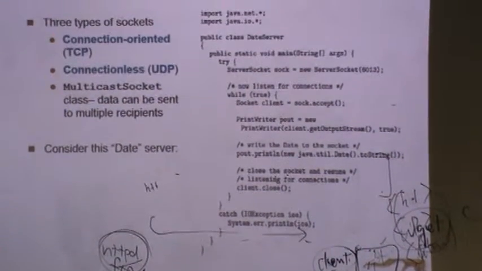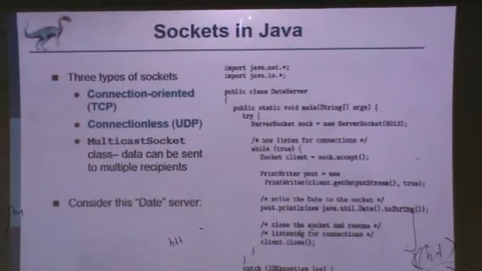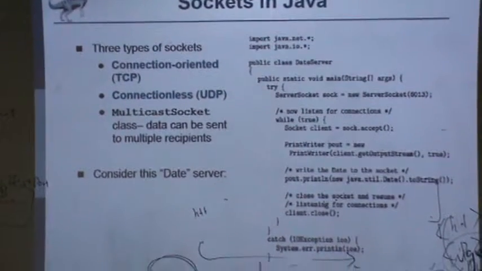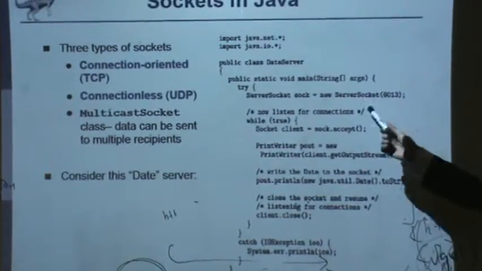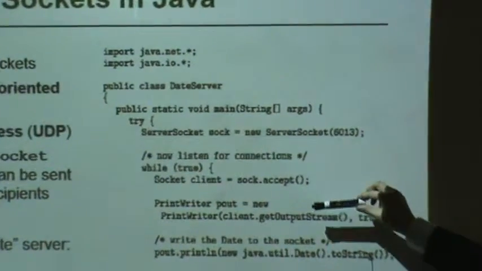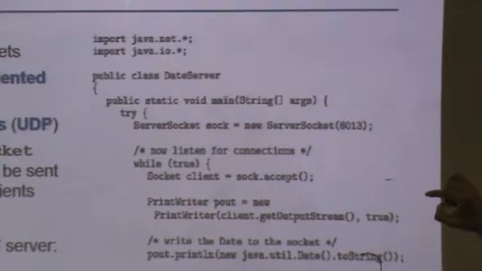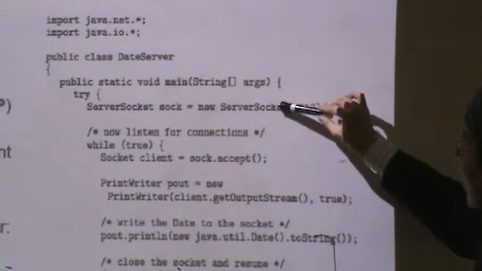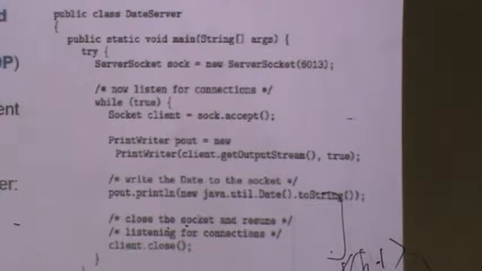So this is an example of a socket program in Java. You can create a socket using a specific port number. Then you can define the client. After you create the socket, you can listen, so now this is listening.